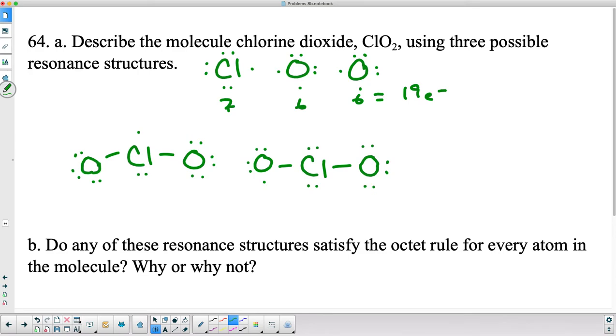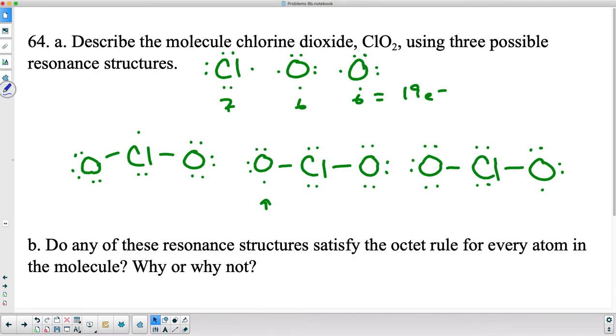Then if I flip it around, I can do the same thing over here on the other oxygen. So these are 3 resonance structures, with the single electron on each oxygen and on the chlorine. Do any of these resonance structures satisfy the octet rule for every atom?